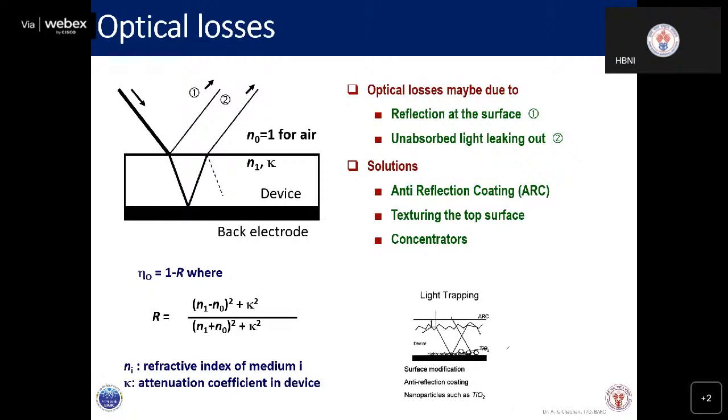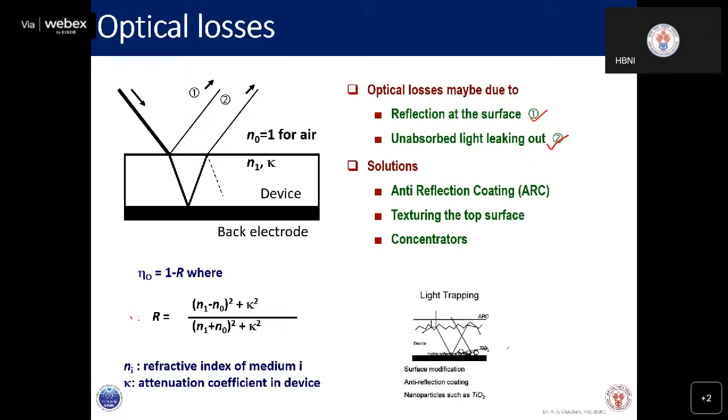Or there is another way: the light has gone inside the solar cell, but the thickness is less, or there are other regions, such as the band gap, and because of that the radiation has leaked out. So there are two losses: when the radiation is reflected from the surface, or when it has not been absorbed but has actually passed through.